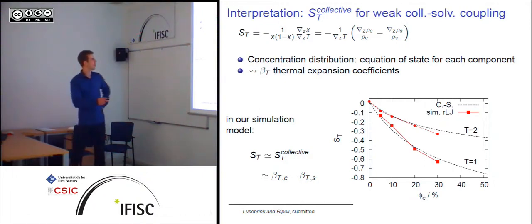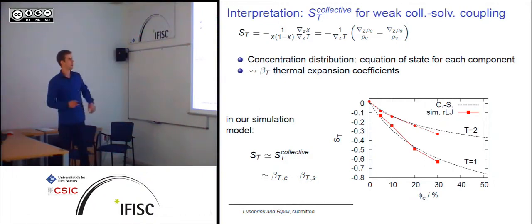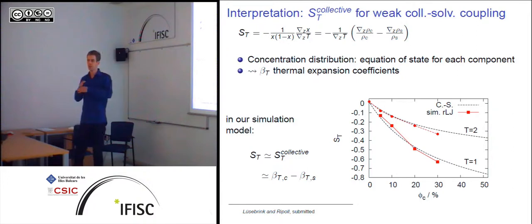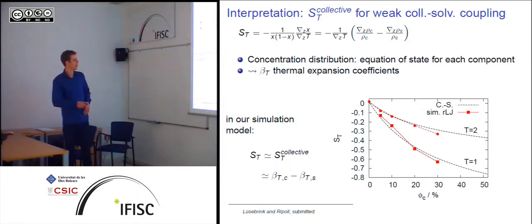And now, under the assumption that the components don't interact mutually, but just expand independently with respect to the temperature gradient, you can describe these ratios by the thermal expansion coefficients.